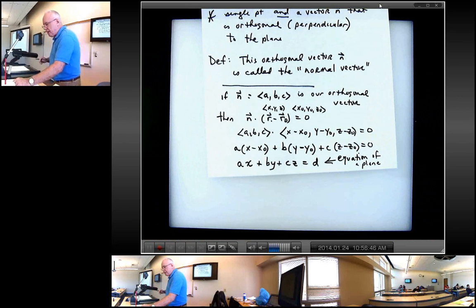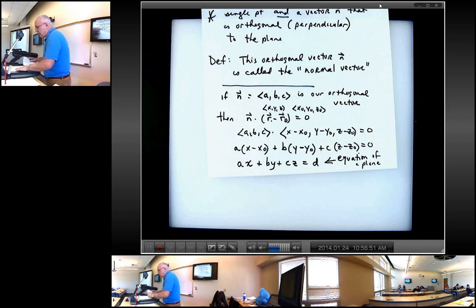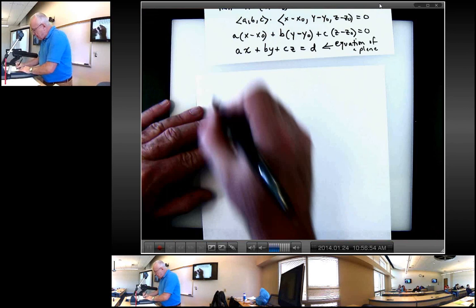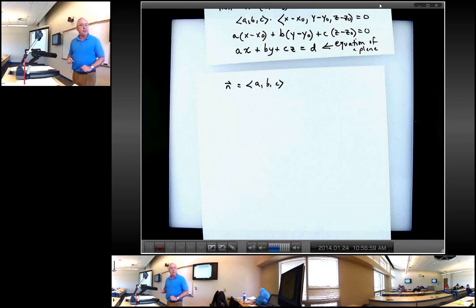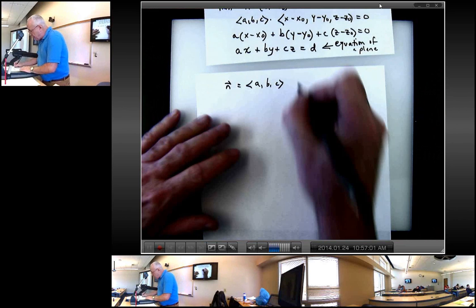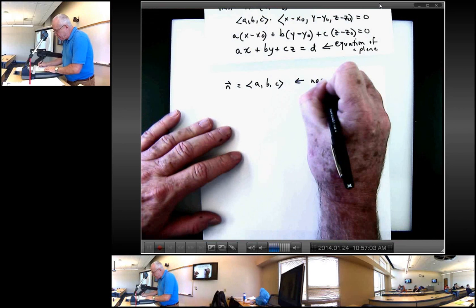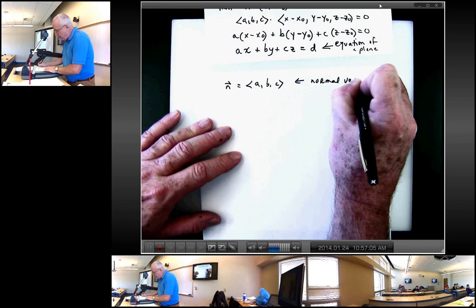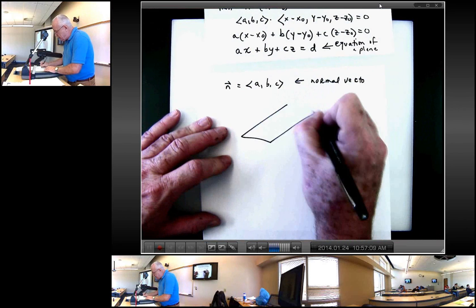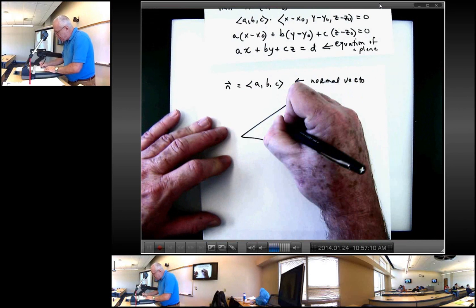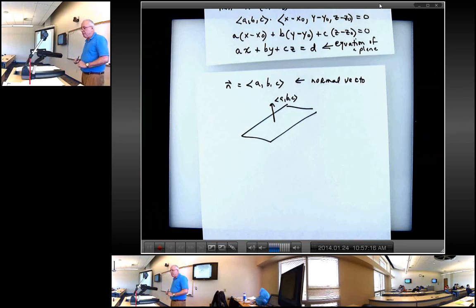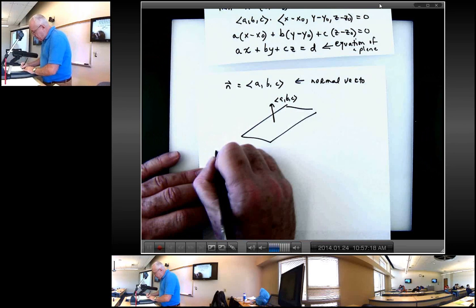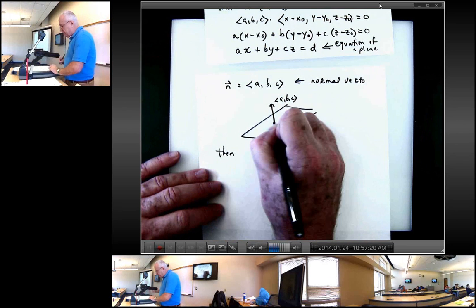We'll take a break in just a couple of minutes. I want to finish this thought. Let me repeat this. n is our normal vector to the plane, with components A, B, and C. This is our normal vector, orthogonal vector. So we have our plane, we've got this vector, and its components are A, B, and C. Then we have a single point here.